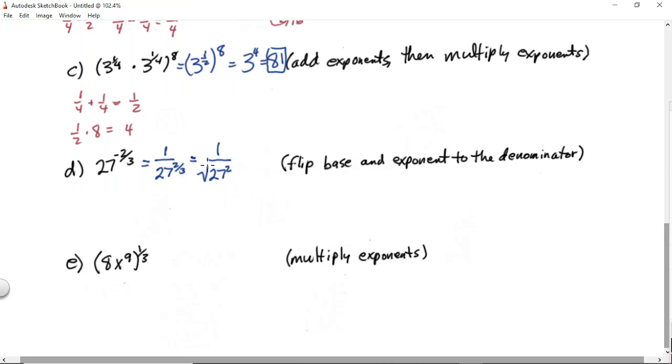So we put the radical here, the index of 3, and now we calculate that. And again, we could take 27 to the second power first, but we would get a really big number, so we take the root first.